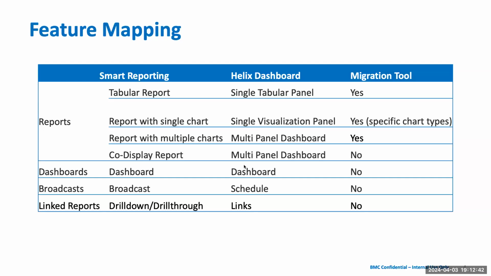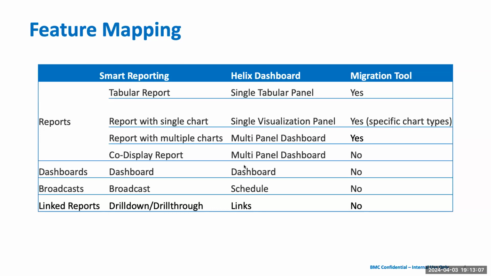Now, the two platforms are different. They are built on different technology, so the way they function is different. So it's very important to understand some of these mappings. Now, there are many more features and objects present in the platforms, but we're not talking about everything here.